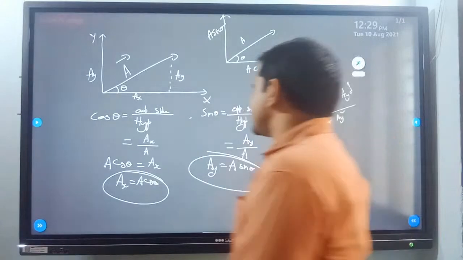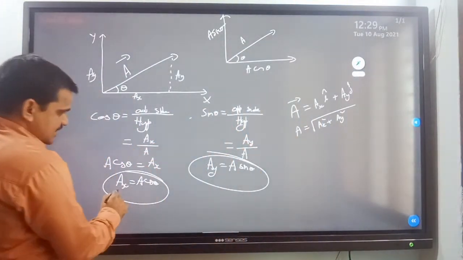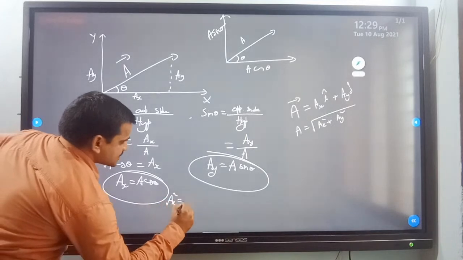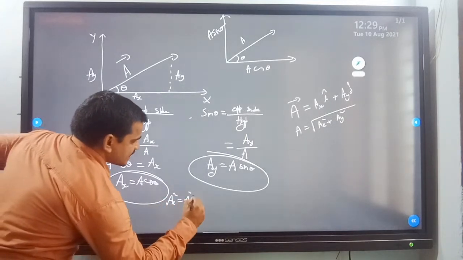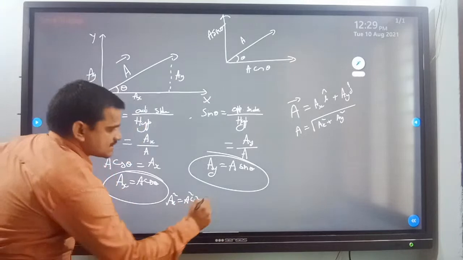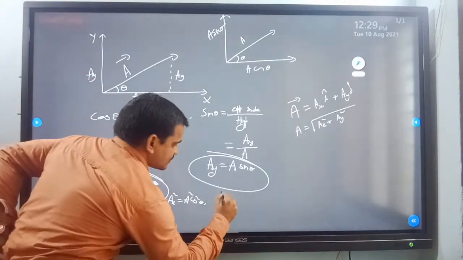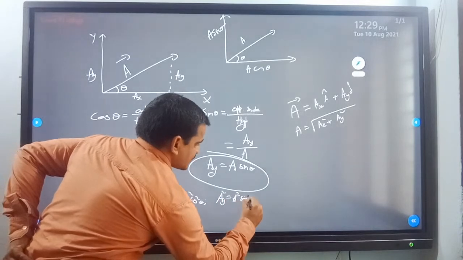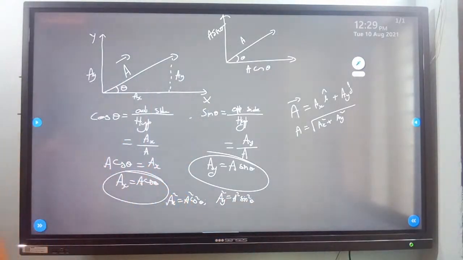Let's see here. What is Ax square? Ax square is equal to A square cos square theta. Similarly, Ay square is equal to A square sin square theta. Correct?